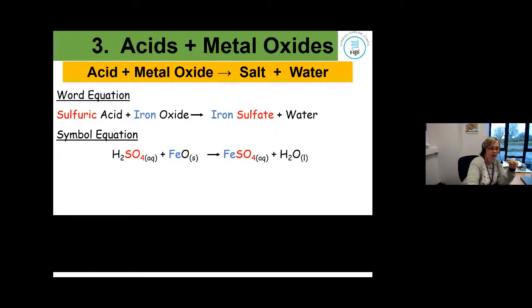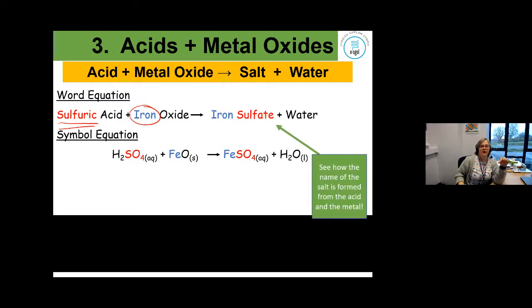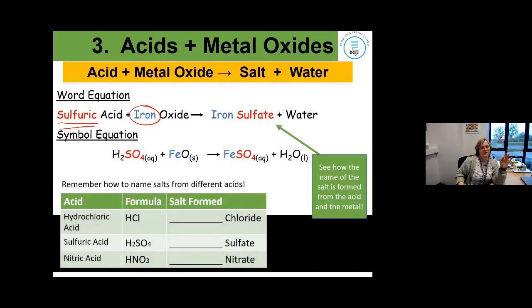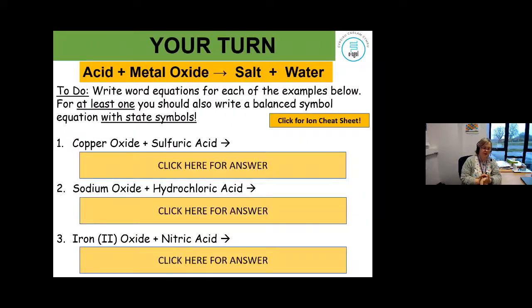Because yet again, you're looking for the identity of any metal and you're looking at what the acid you've added to it is. So it's the same rule as always. You can see there that you've got the same series of acids and the same series of endings or suffixes, so the endings to the words, okay? So there's just a few examples for you there.